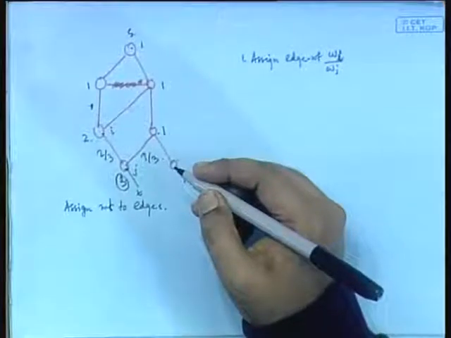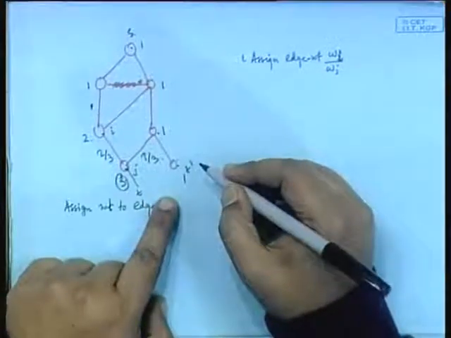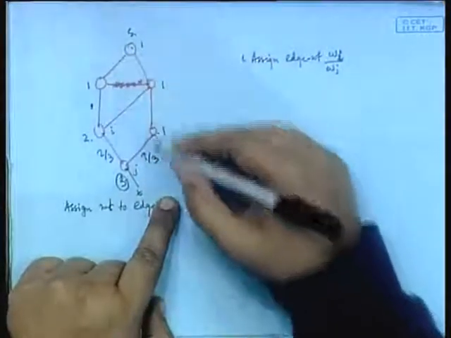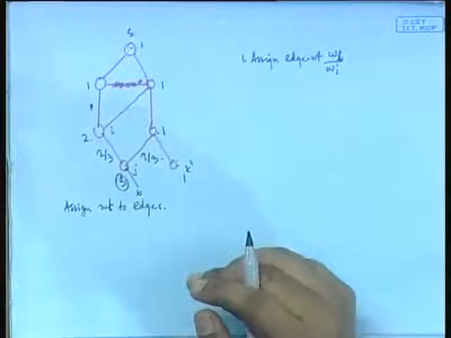And from S to this T dash, perhaps 1 shortest path is there. So the sum of all shortest paths for a particular source destination pair should get value 1.